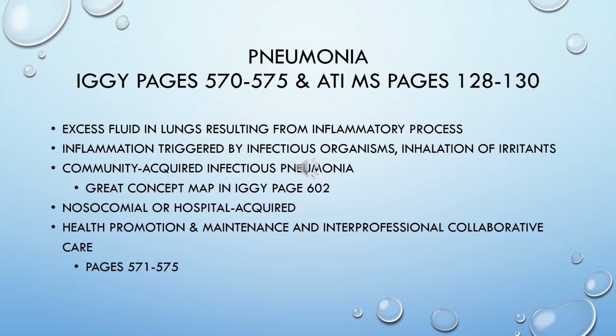We typically give those to the older population, especially if they have a history of asthma, COPD, things like that. So prevention is a big thing in those people. So just something to think about. And most of this can be found on our pages 599 through 605.